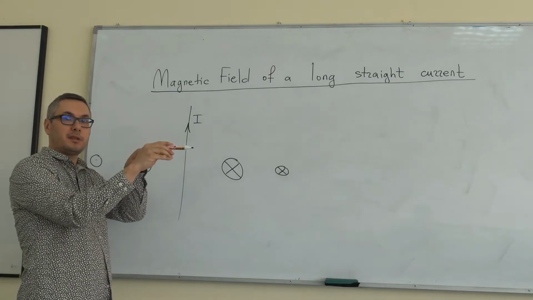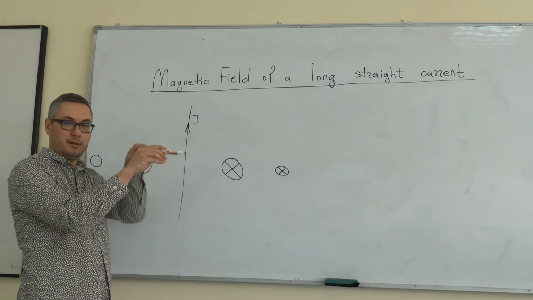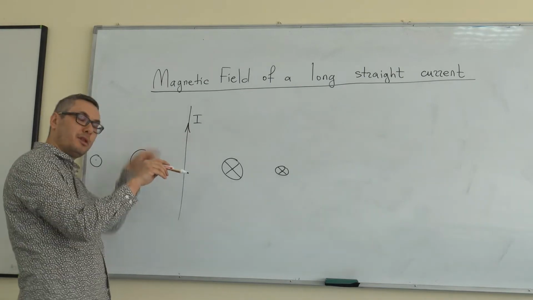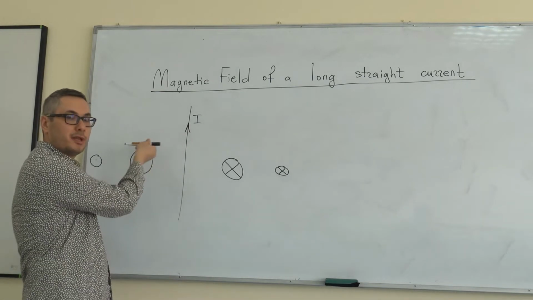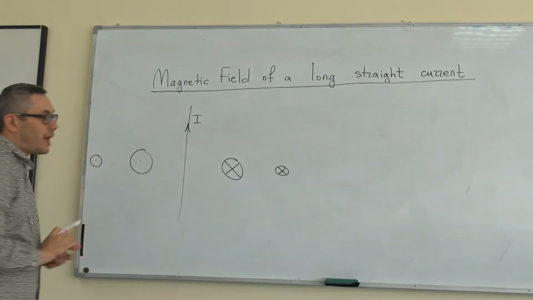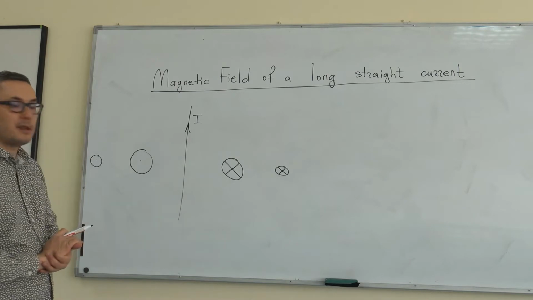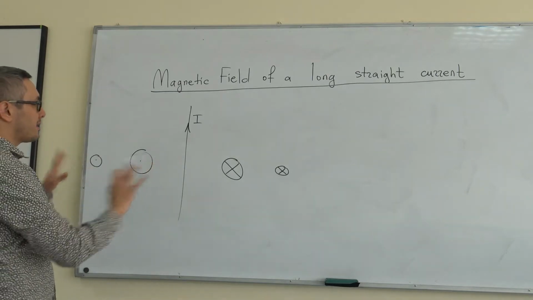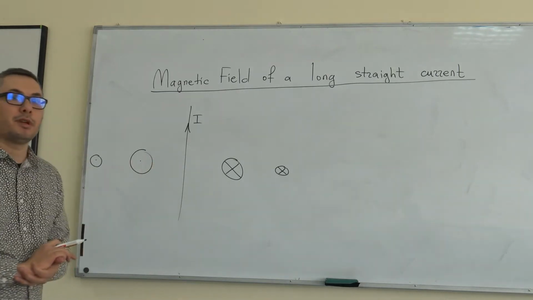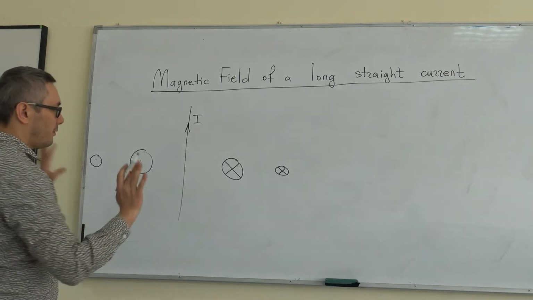It will be pointing this way, to the right. On the other side of the board, it will be pointing to the left. Of course, you have to imagine a three-dimensional picture, and we can only draw it in two dimensions. So this is how the magnetic fields will be oriented if you look at them from the side.